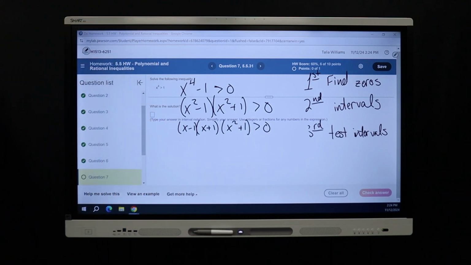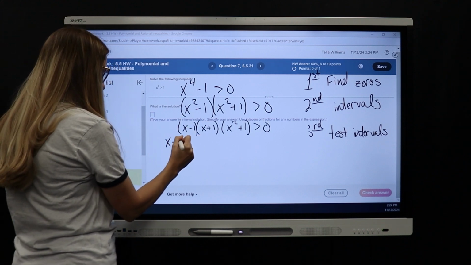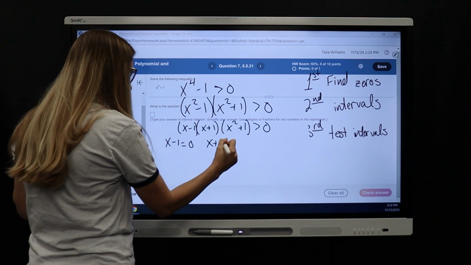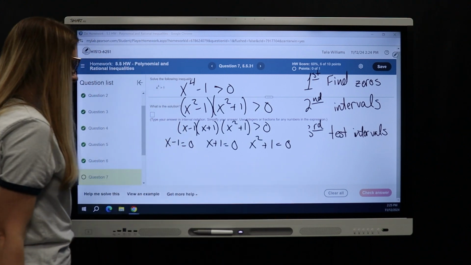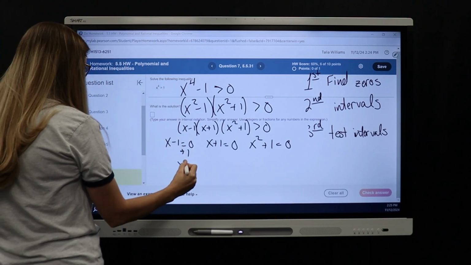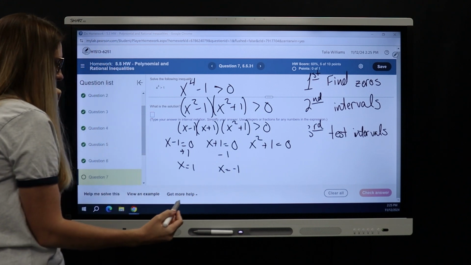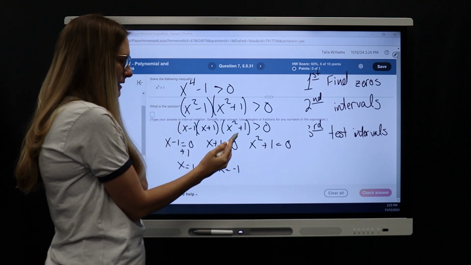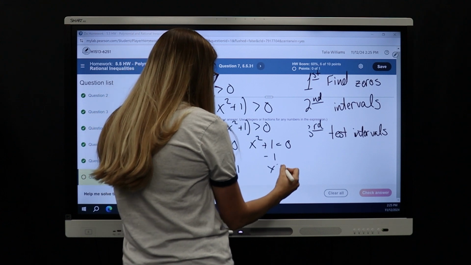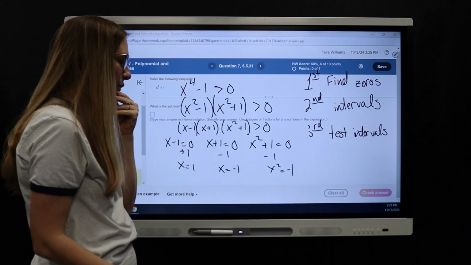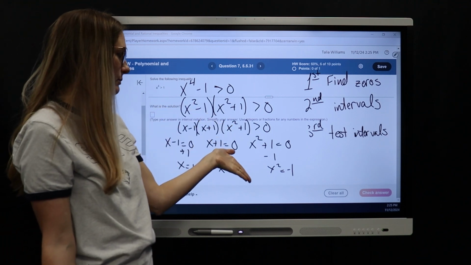Then when I go to set my zeros on this, I'm going to have x minus 1 equals 0, x plus 1 equals 0. And then here, way back when we went over our imaginary numbers, this would only be an imaginary number.